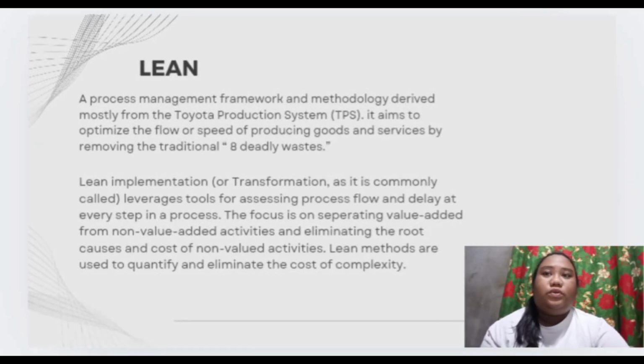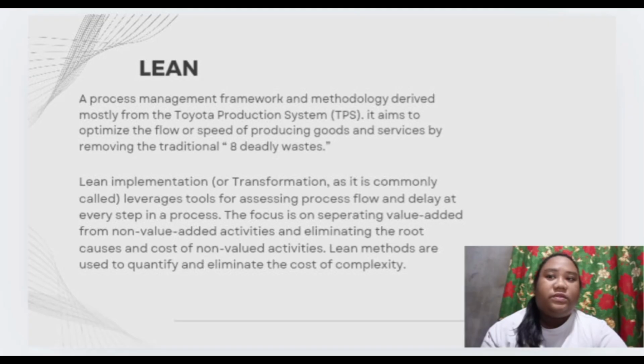Lean is a method used to make work processes faster, smoother, and more efficient by reducing waste. It originated from the Toyota production system and focuses on getting rid of unnecessary steps, delays, or activities that do not add value.